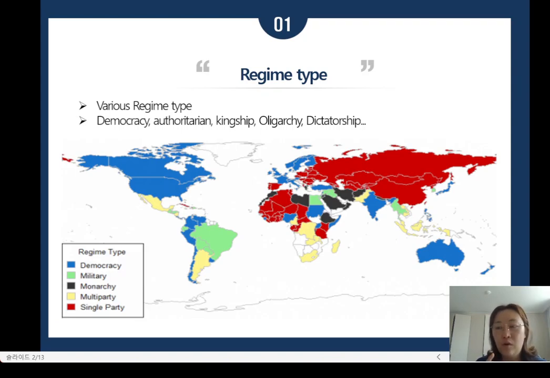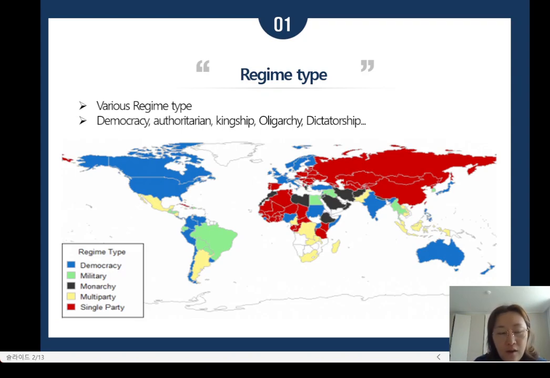That means the single party only has one party, and even though the leaders have changed, right? So the leader changes over time, but there is only one political party, and this party selects their own leader, and the leader might be changed, but the political party doesn't change.